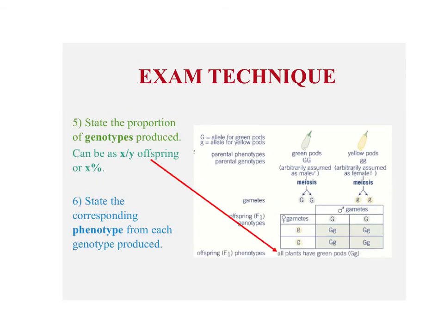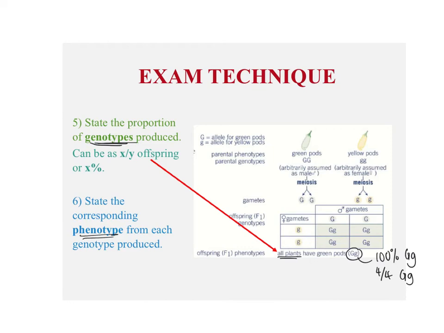And finally, the thing that you will have done at GCSE absolutely fantastically is that you are putting the proportion of genotypes produced. So in this case, we will have put all plants have green pods. You will have put that they're big G, little g. You could have also written 100% big G, little g. You could have written 4 out of 4 big G, little g.